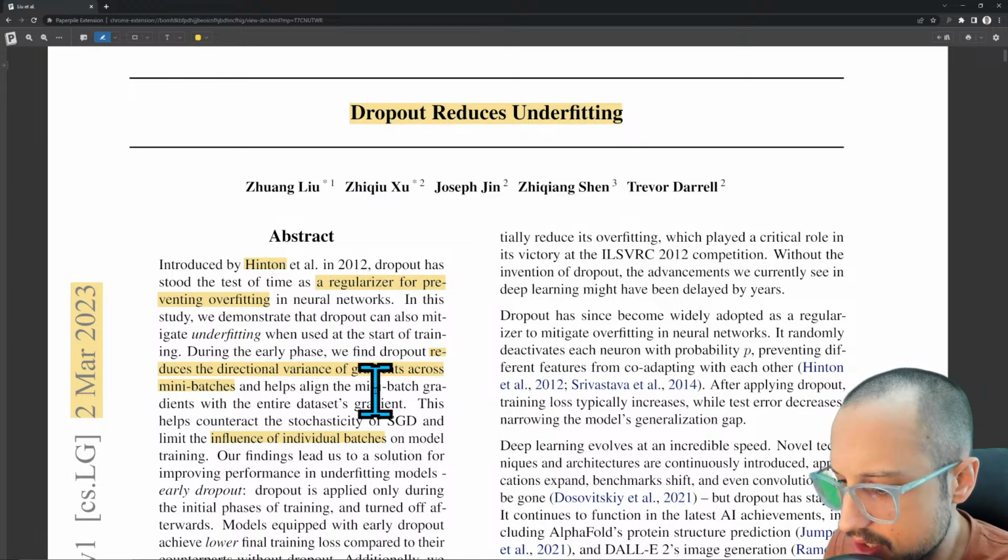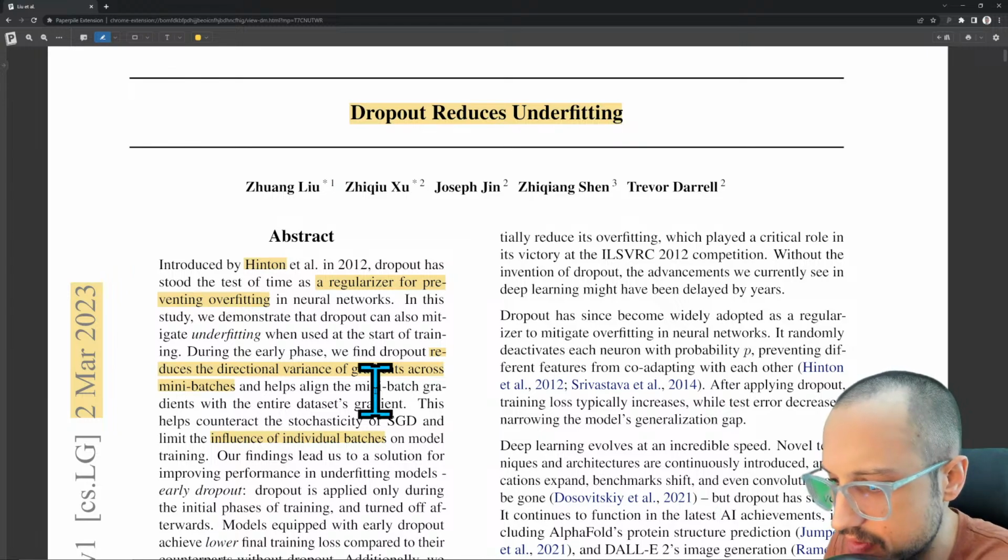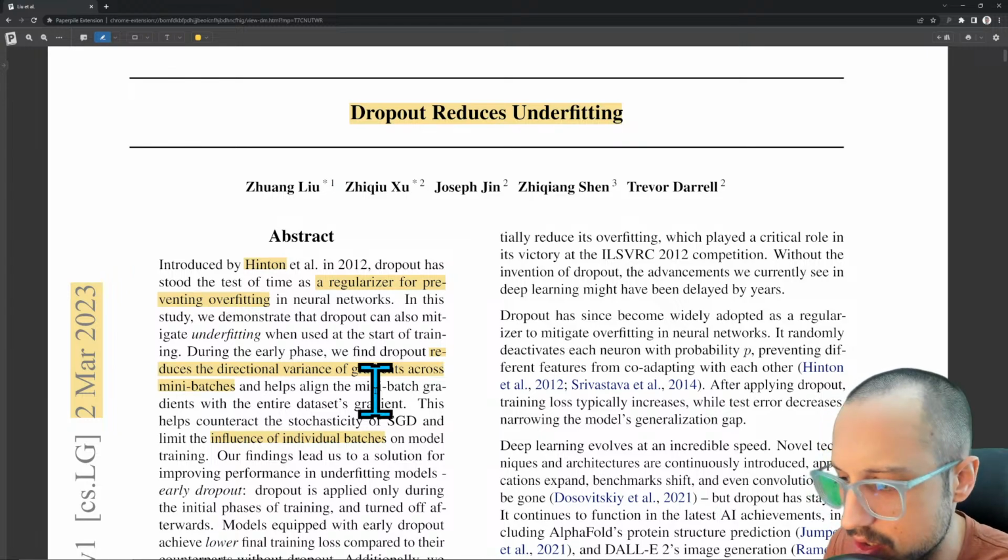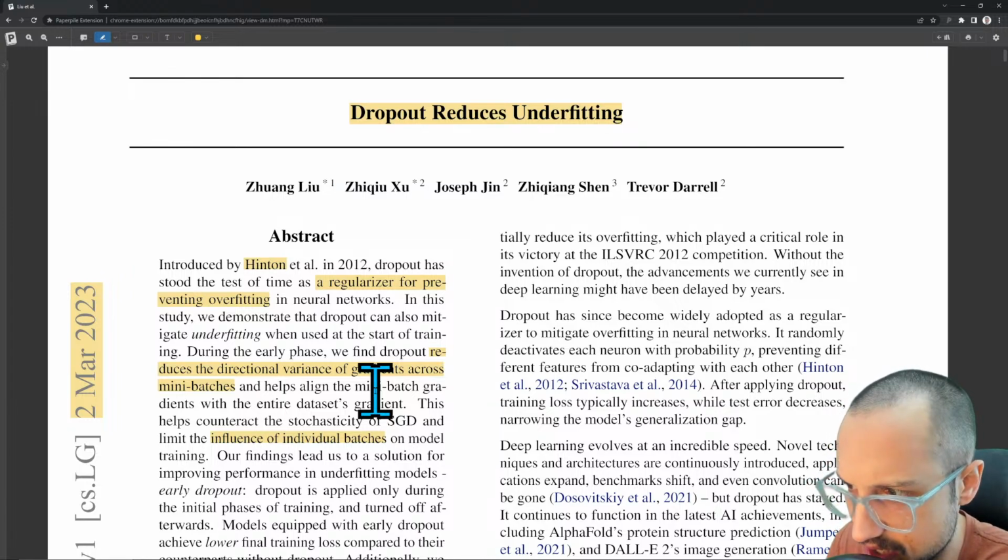And sometimes you just so happen to get a bunch of examples that pushes the parameters of the neural network, the weights, in a specific direction in parameter space that might not be beneficial towards your final task.